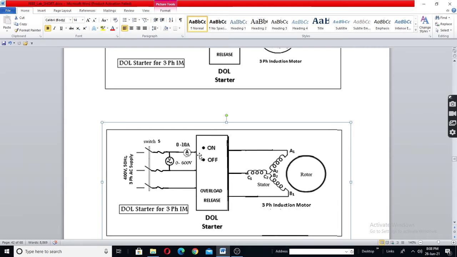In between we have used a DOL starter for better starting purpose, and an ammeter and voltmeter to observe the readings of current and voltage.